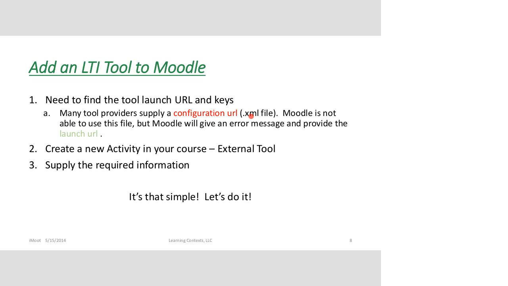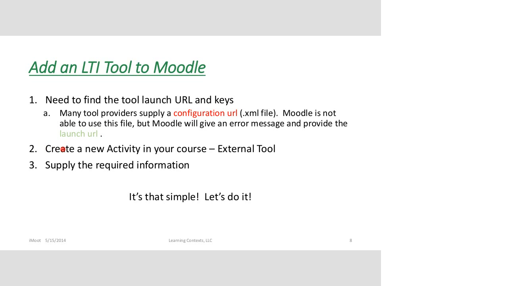So if you put in the configuration URL, Moodle generates an error message, and then Moodle says, but here's the launch URL. Well, that launch URL is embedded in the configuration URL. Go figure. I don't know why. So you need to get that information. I will show you using the configuration URL. I'll show you the error that occurs, how to find the launch URL, and then I'll show you an easier way.